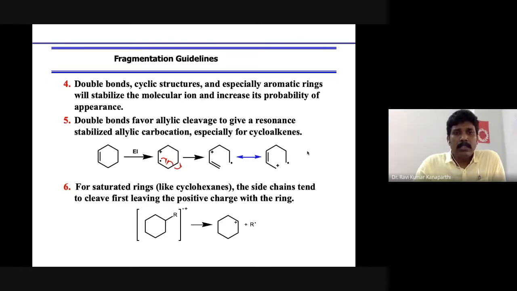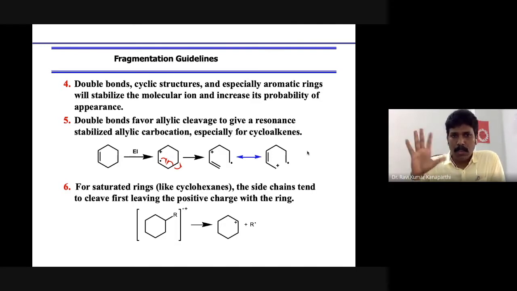The fourth point is double bonds, cyclic structures, and especially aromatic rings, which stabilize the molecular ion and increase the probability of its occurrence, right? If your compound has double bonds, a cyclic structure, or aromatic rings, there is a high probable chance that the molecular ion will be seen in the mass spectrum.